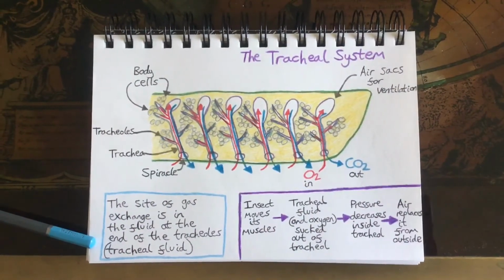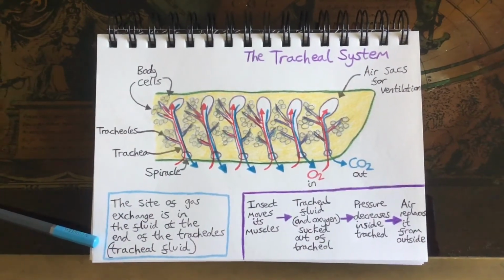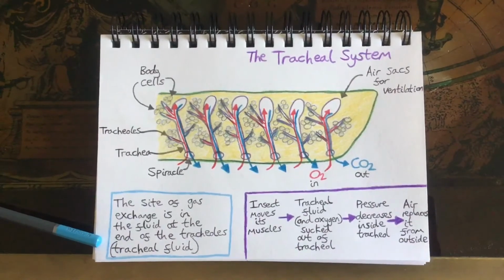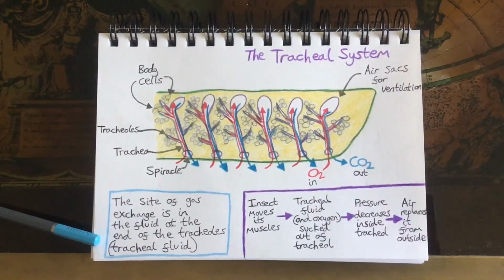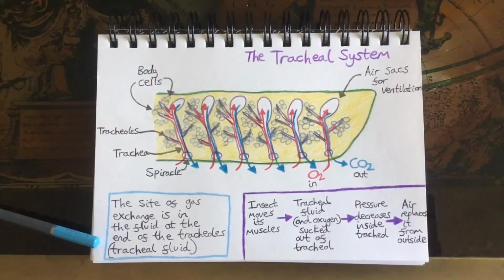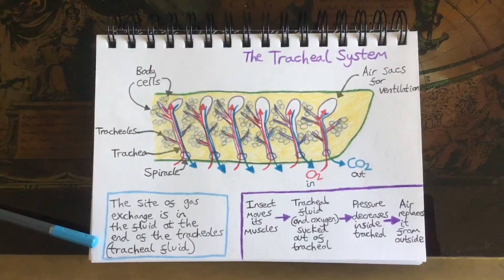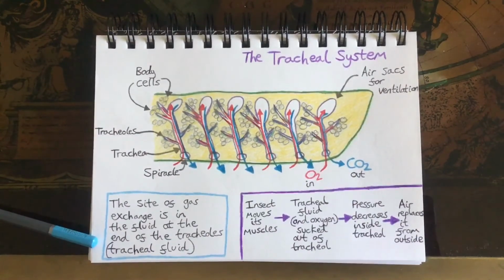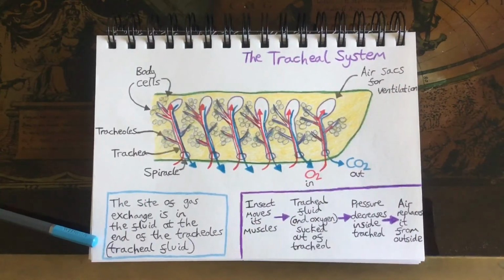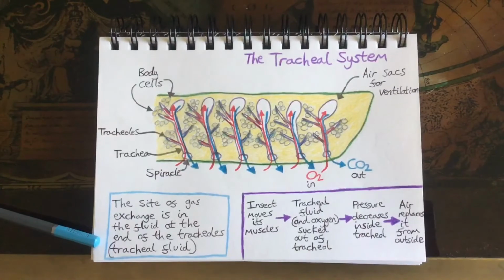So because we've got a pressure gradient there, it's higher outside compared to inside, air is going to replace the pressure that's lost from the inside. So air is going to rush into the insect to replace it. And vice versa, when the insect relaxes its muscles, the opposite is going to happen. So that keeps encouraging the movement of air into and out of the insect via the tracheal system.